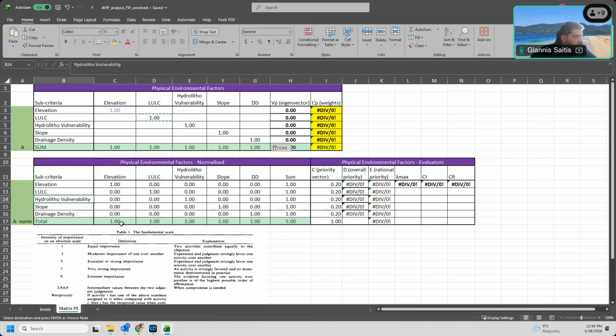When I'm talking about normalization, I'm talking about vertically the division of each value by the sum of the column. So the maximum number that we're going to get in the normalization is 5, the maximum per criteria is 1, so 5 criteria, 5.